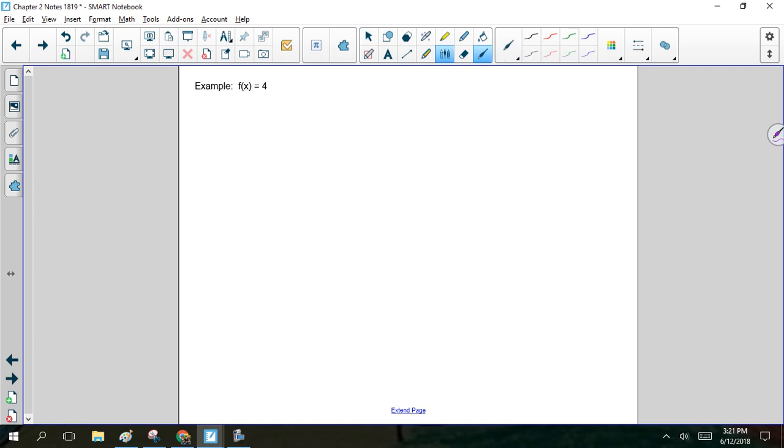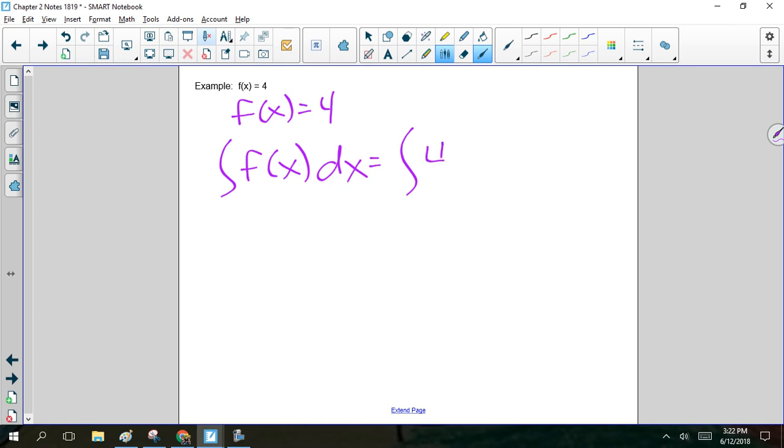All right, so f of x is 4. I want the integral of f of x with respect to x. That's the same as the integral of 4 with respect to x. And then you'd ask yourself, all right, well, what thing can I take the derivative of to get 4?